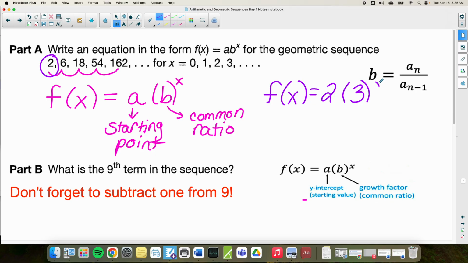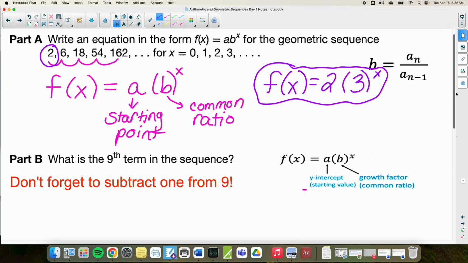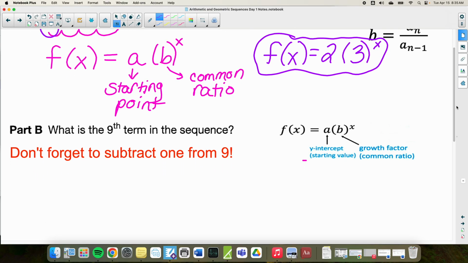And then you put that to the x, and that would be your notation for that function. Then it asks us, what is the 9th term? So what we would do is we'd go f of 9 equals 2 times 3 to what power? 8.